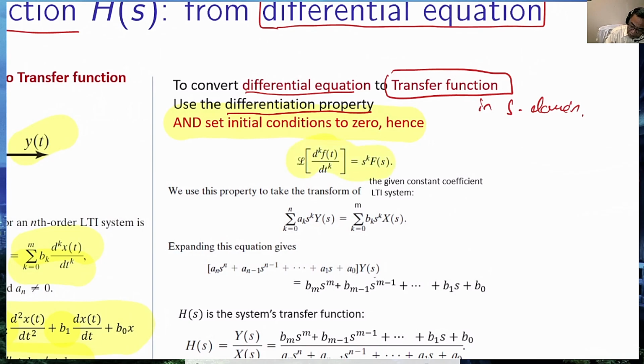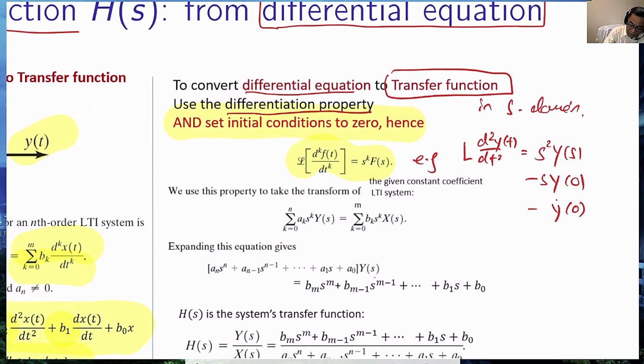Anyway, let's try this. If we do the Laplace transform of d2y/dt squared, then this will be s squared Y(s) minus s y(0) minus y dot(0).